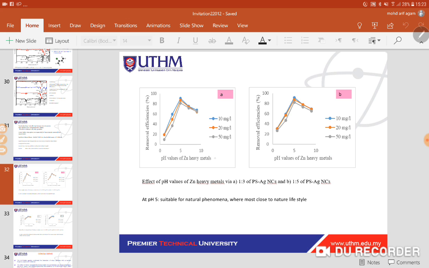And this is the weight of the concentration of zinc in the synthetic wastewater. So it means that they are optimized at pH 5, meaning that both of them can be used as effective heavy metal absorbers.